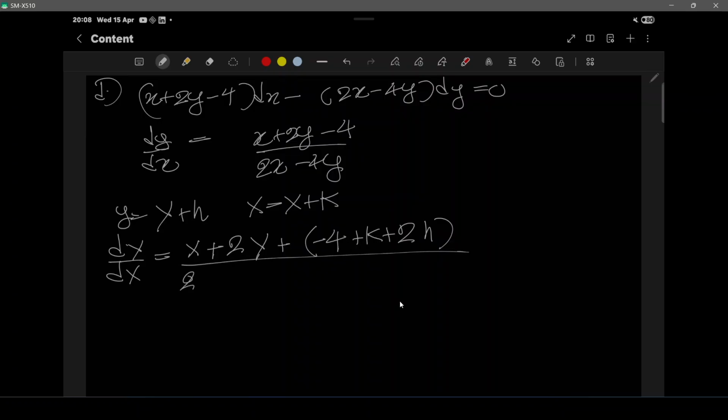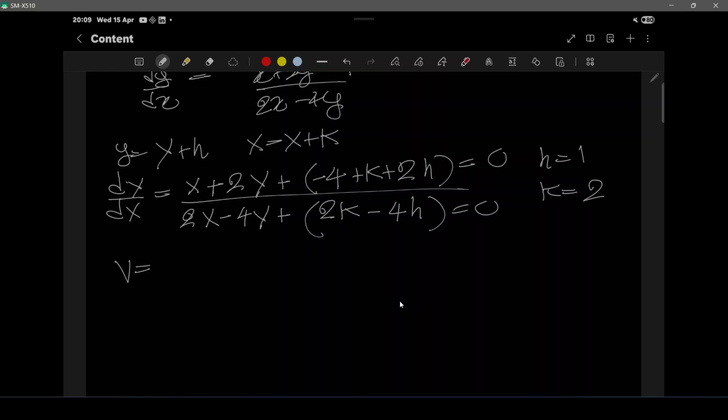Down here we have 2x minus 4y plus 2k minus 4h. We make these two 0. So if you use a calculator and solve, h is equal to 1 and k is equal to 2.